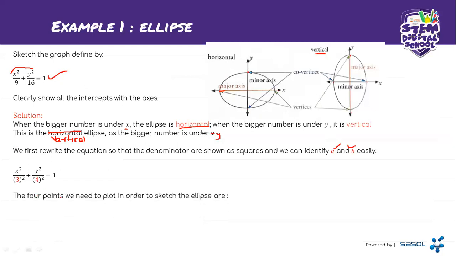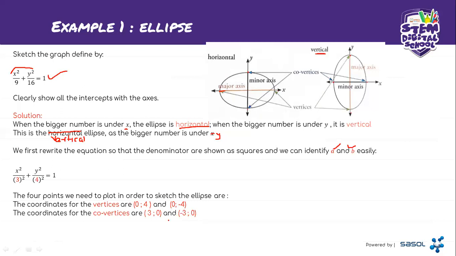Now, the 4 points we need to plot in order to sketch the ellipse: first, the coordinates of the vertices, which are (0, 4) and (0, -4). And then the coordinates for the co-vertices are (3, 0) and (-3, 0), right?